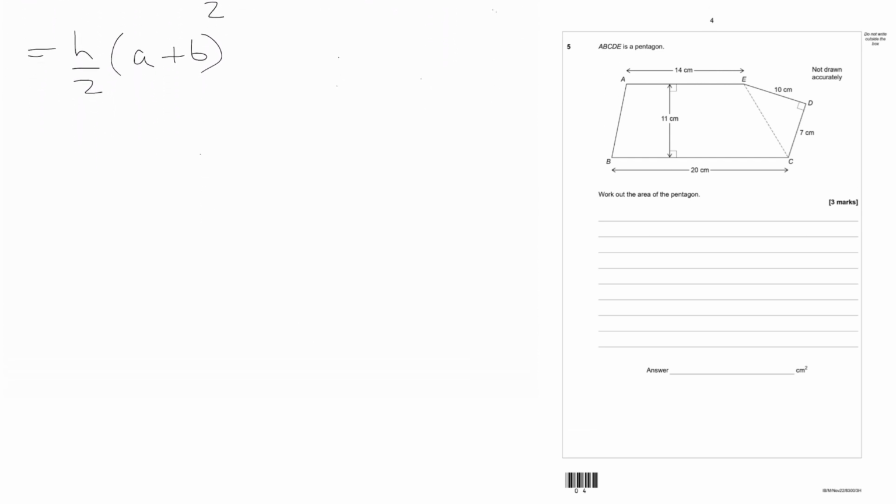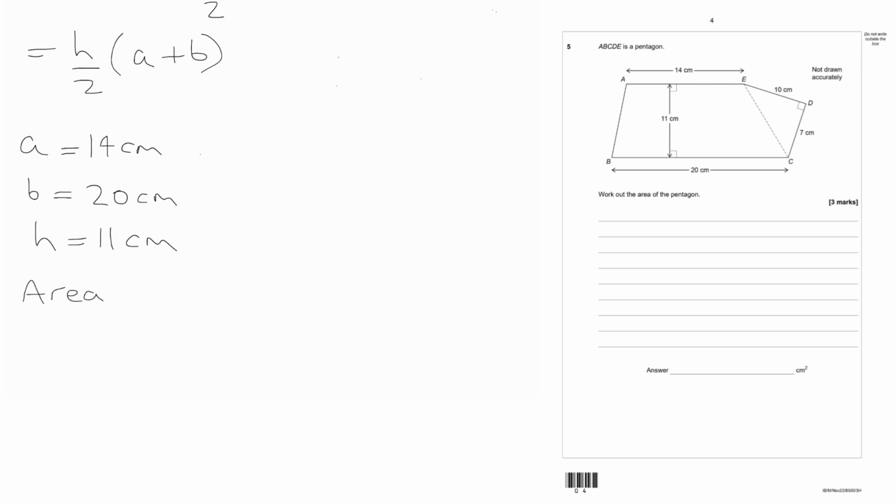So now that we have this, and we also know that A equals 14 centimeters, B equals 20 centimeters, and H equals 11 centimeters, we can plug this in to find the area of the trapezium.